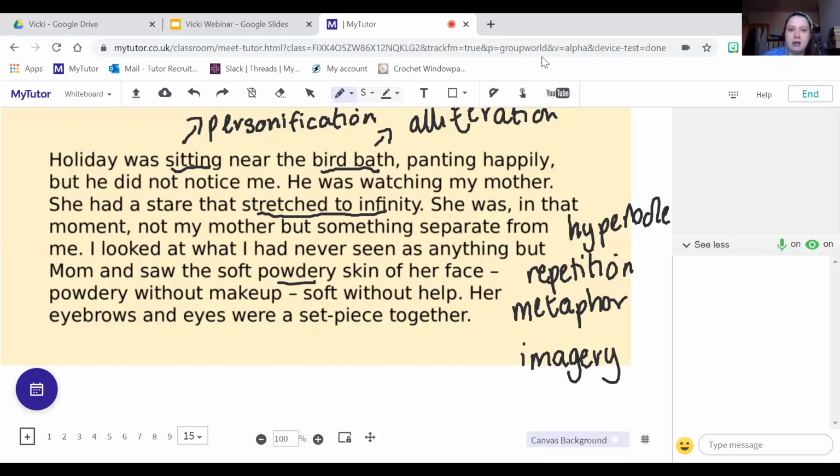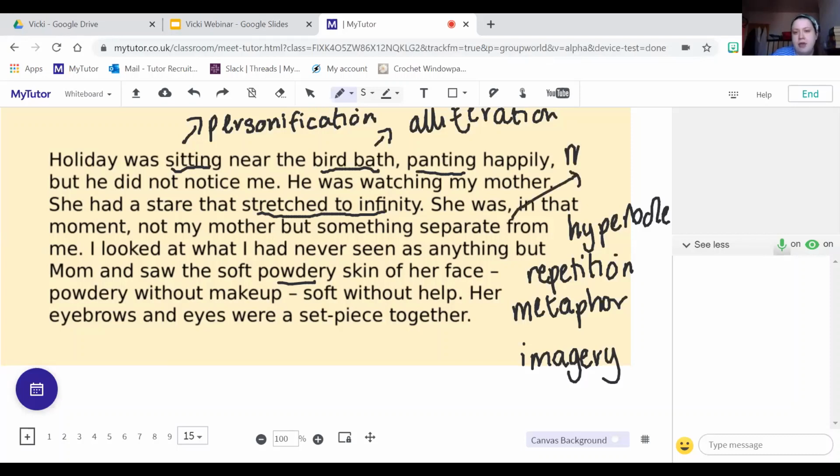Okay, so let's go through it a bit more rigorously then. "Holiday was sitting near the bird bath, panting happily," so that's personification again. "But he did not notice me. He was watching my mother. She had a stare that stretched to infinity. She was, in that moment, not my mother, but something separate from me."